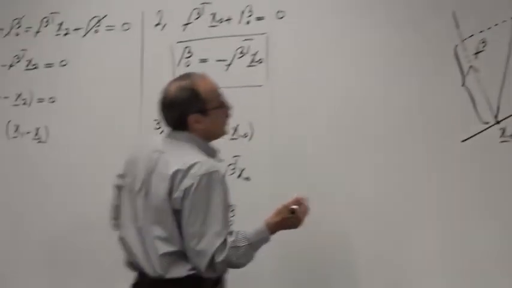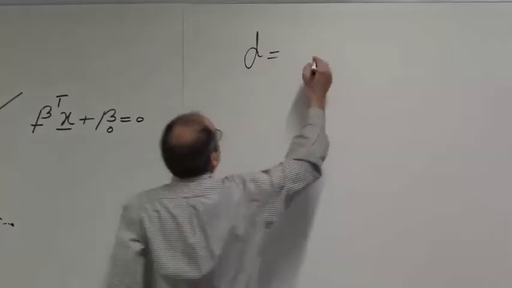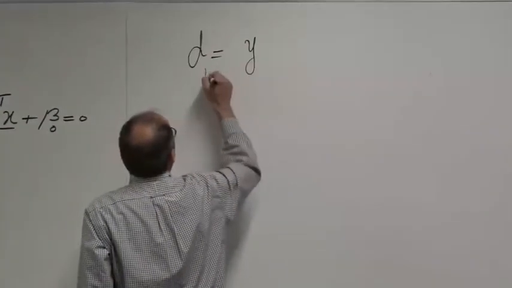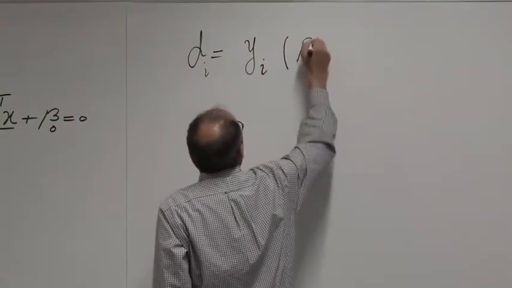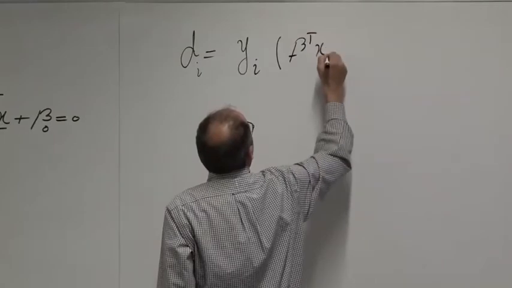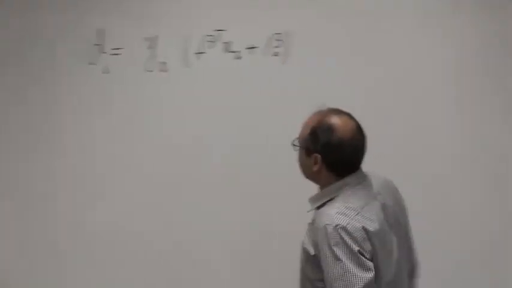So basically, my distance d for point i would be class label times beta transpose xi plus beta null. So that's my distance of point xi to the hyperplane.